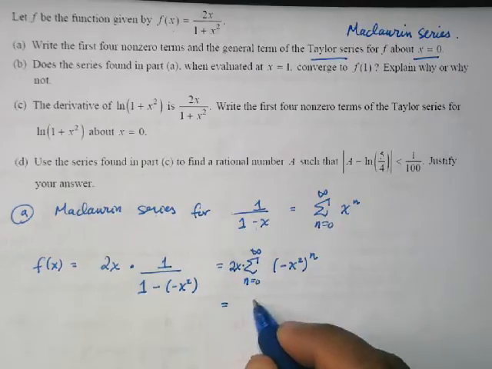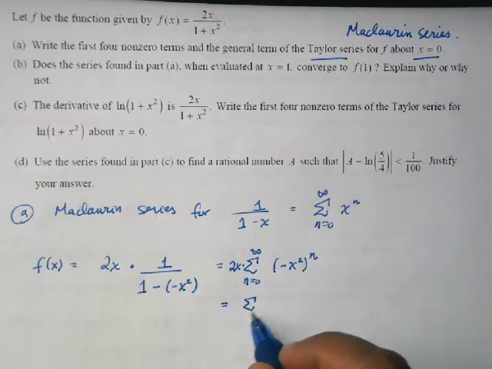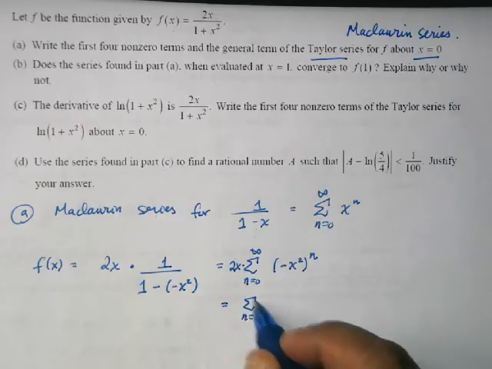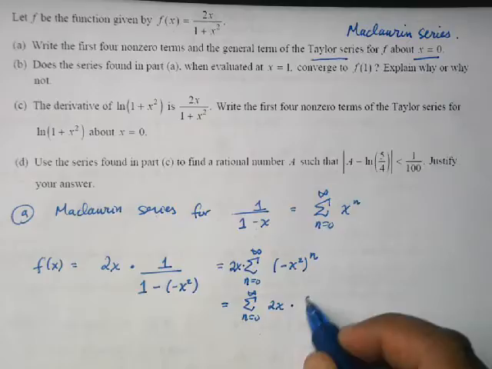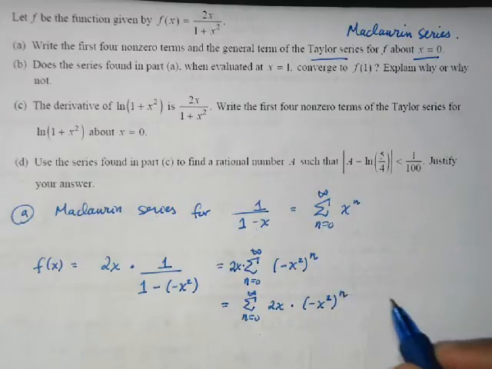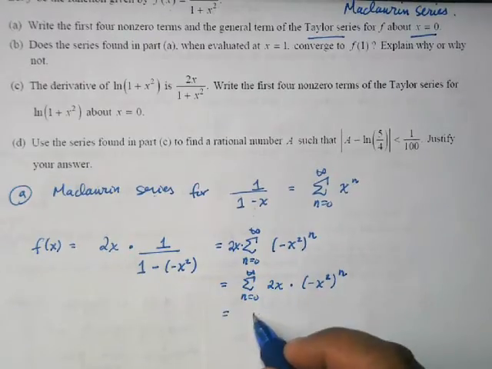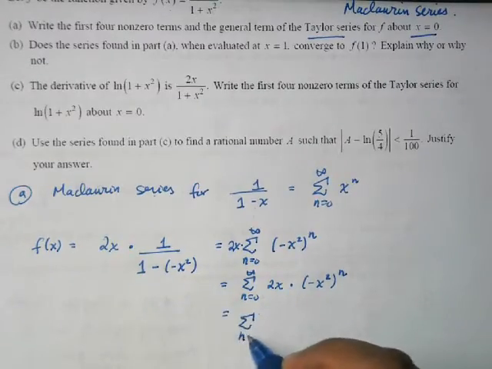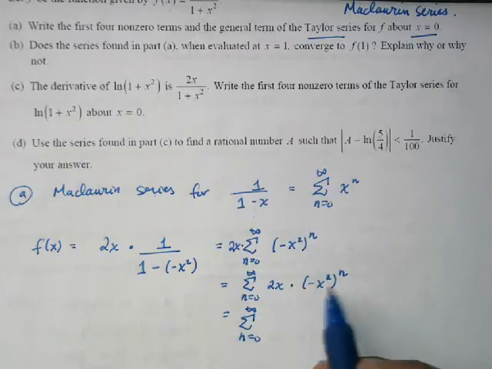I can bring the 2x inside because I'm just multiplying 2x by every single term. This is 2x times negative x squared to the n. And I'm going to do something that is commonly done even if it seems a little counterintuitive. I am going to pull out the negative 1 here.